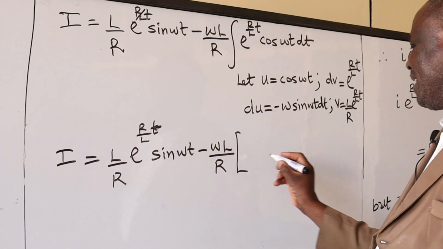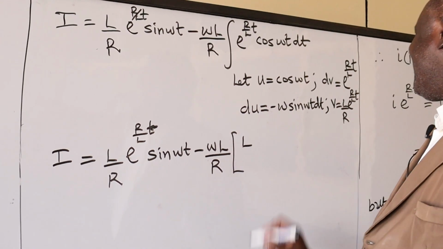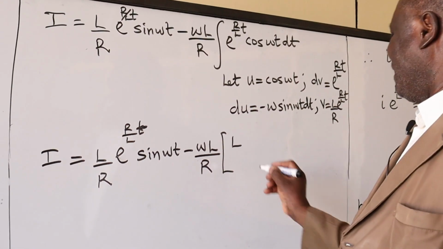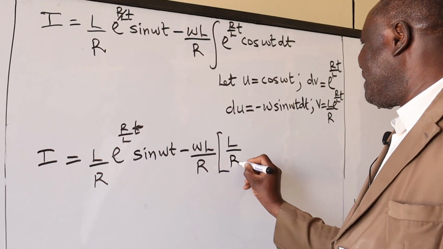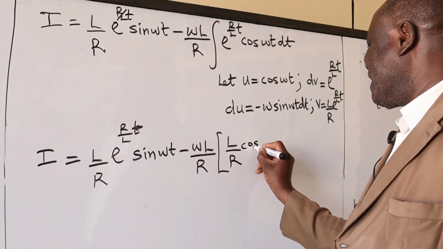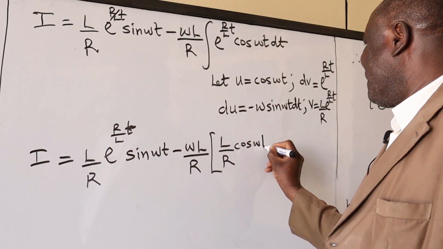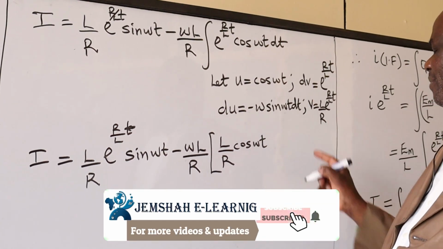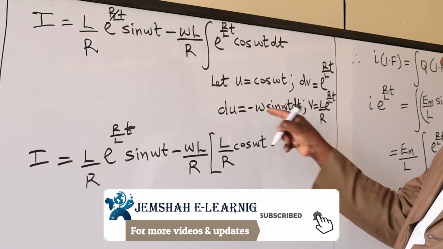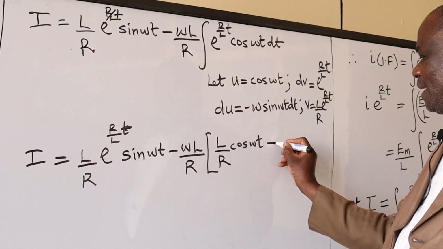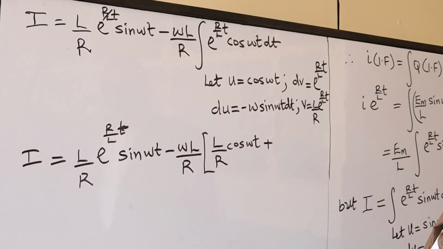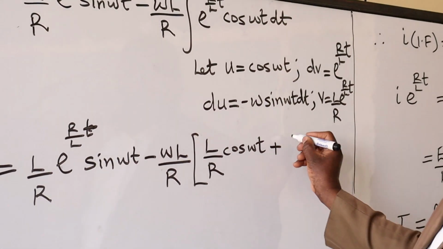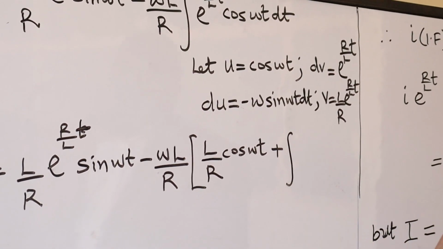u times v, we have L all over R cos omega t. Then we have minus, from integration by parts, and this minus will become positive. And it is now positive. We have the integral.